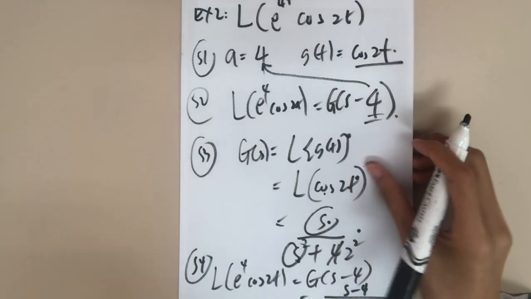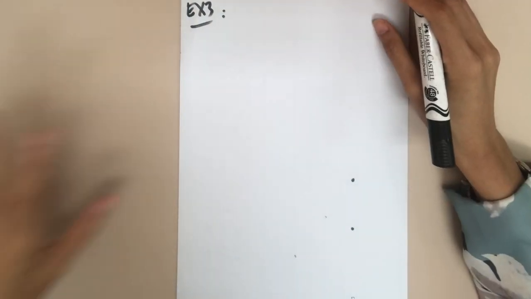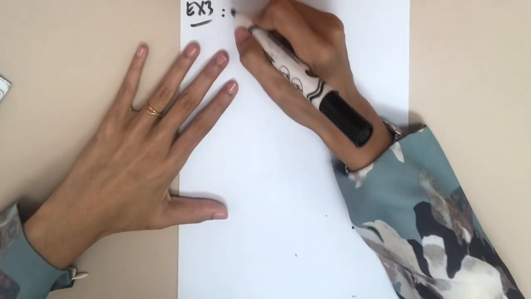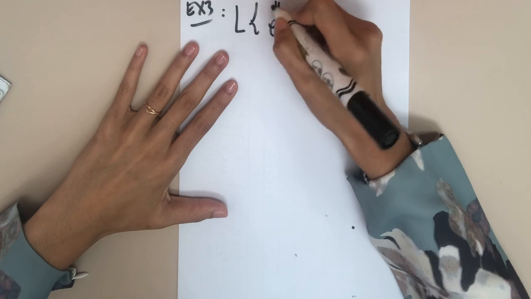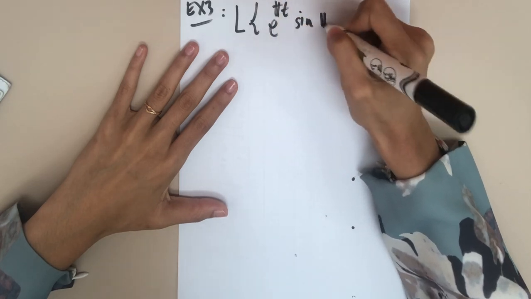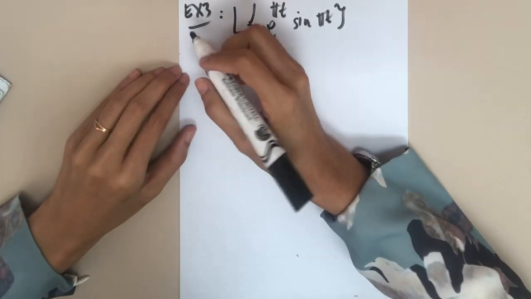I will do another 2 examples, because I just like this topic because it's easy. Now let's say you have the Laplace transform for e to the pi t sin pi t. You do the same procedure.